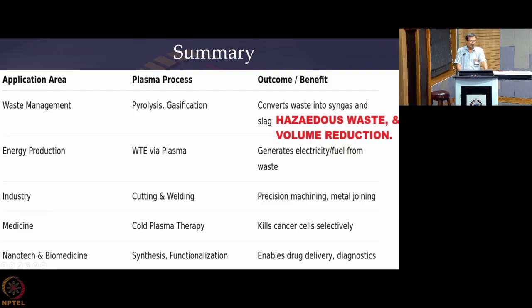In nanotechnology and biomedicine, the plasma process is functionalization and synthesis of nanoparticles for drug delivery, and its benefit is that it is enabling drug delivery and diagnostics in biomedicine.